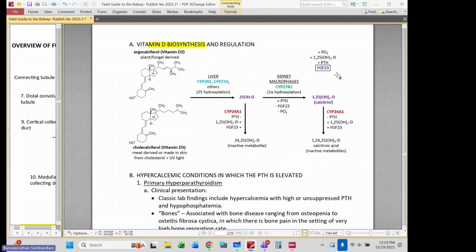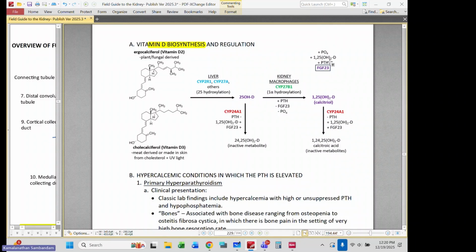Calcitriol stimulates FGF23 activity or release. PTH is also a stimulus of FGF23. Okay. Phosphate retention is one of the main stimuli of FGF23 release, right? Because in CKD, we often have 1,25 or calcitriol levels that are low, but we'll see many-fold increases in FGF23 even before PTH goes up.